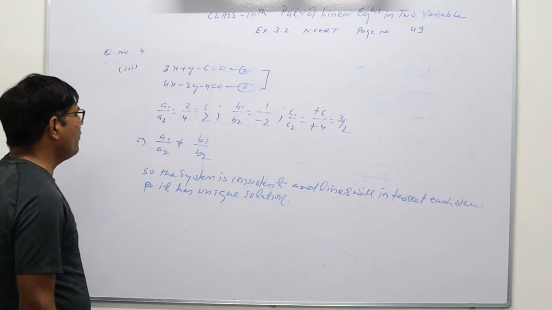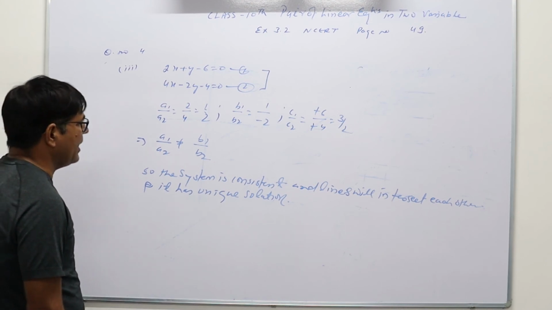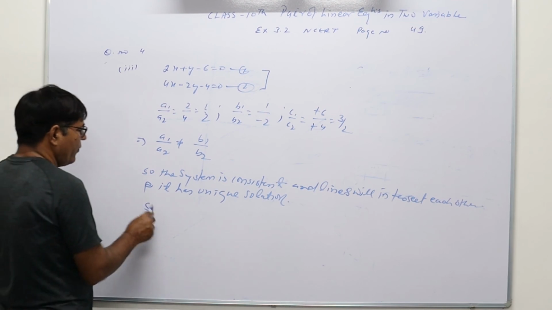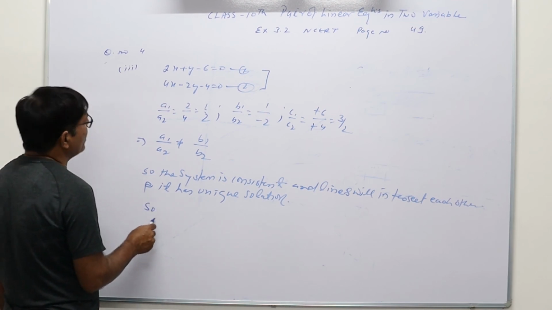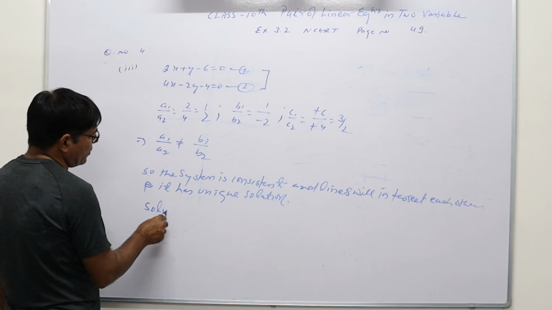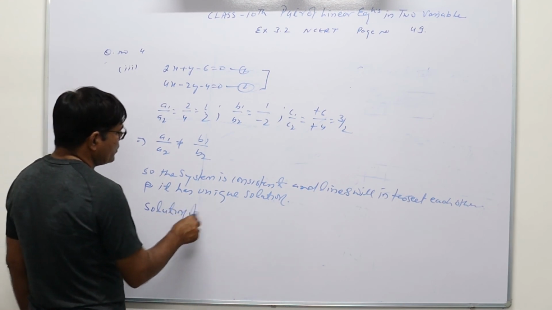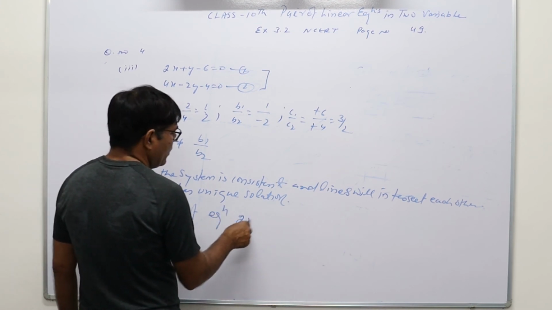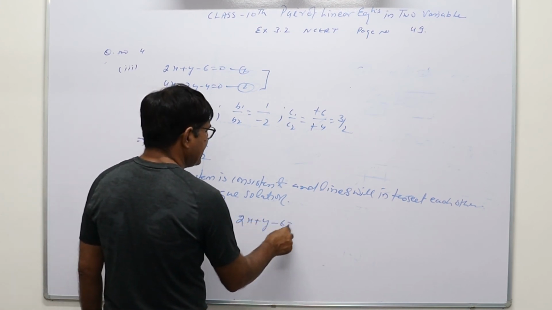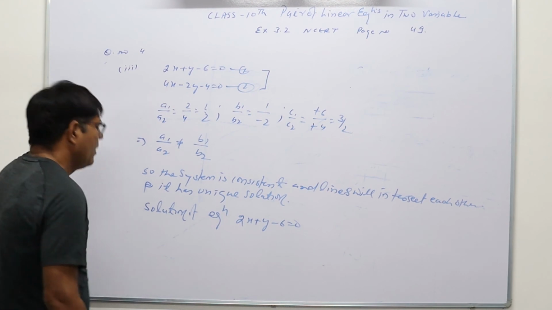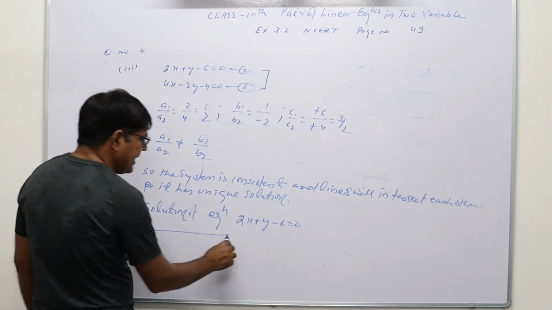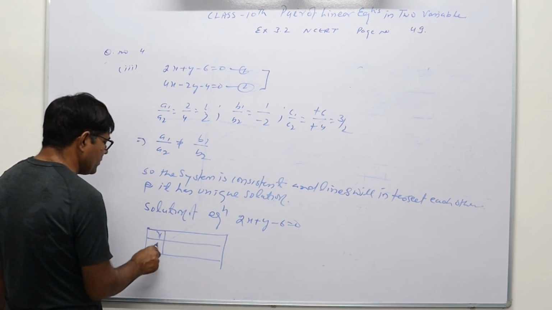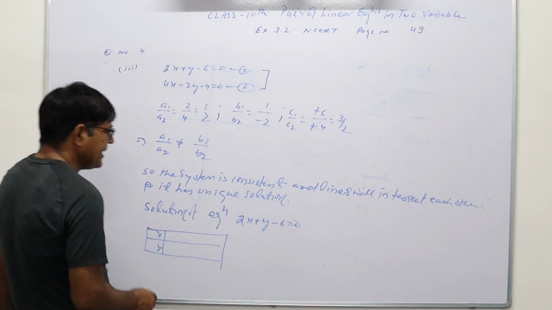So to find that unique solution, we have to draw the graph of these two lines. For the graphical solution, first we will draw the graph of the first equation. Solution of equation 2x plus y minus 6 is equal to 0. Find at least 3 sets of solutions. This is the table for the solution set x and y.